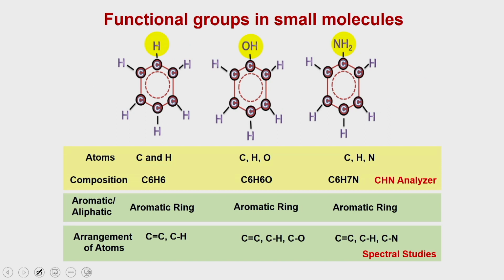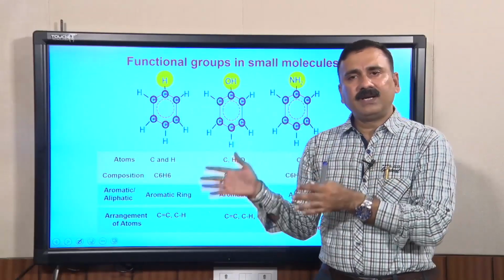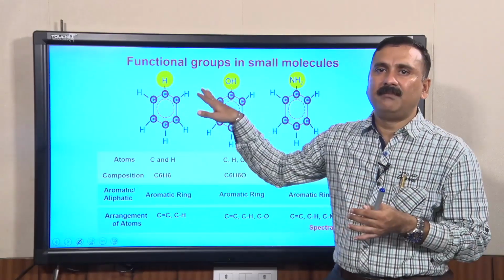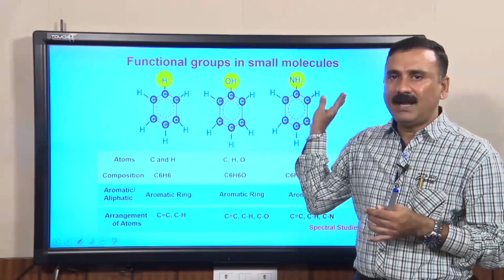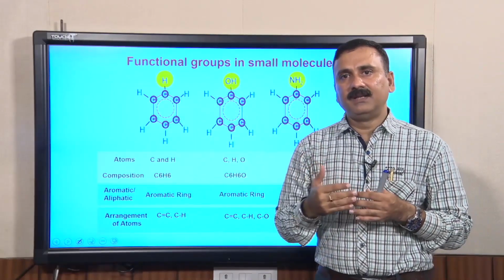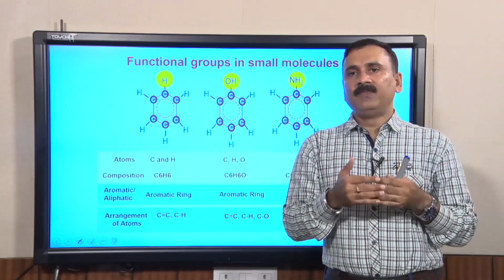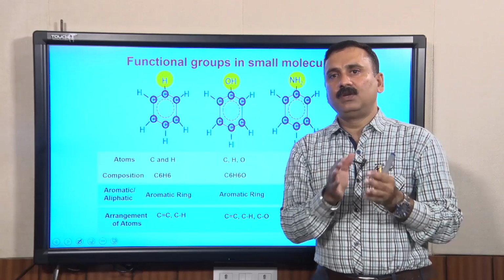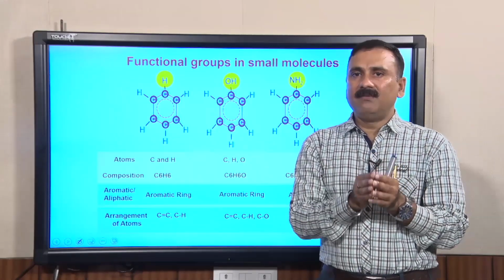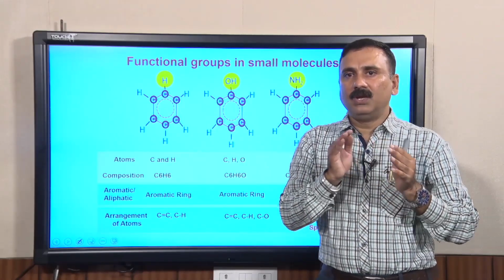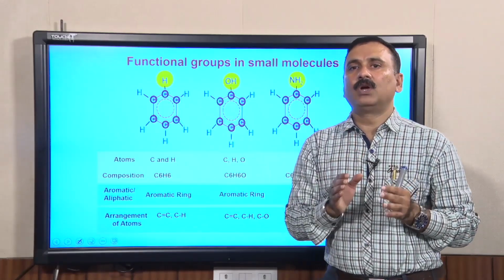So, with this we have concluded our lecture, and what we have discussed so far is how you can characterize a molecule using different types of techniques. We have taken an example of benzene, phenol and aniline, and what we have said is that you have to go through systematic exploration, and when you do this kind of analysis, you always have to keep in mind that you know which compound you are looking for.